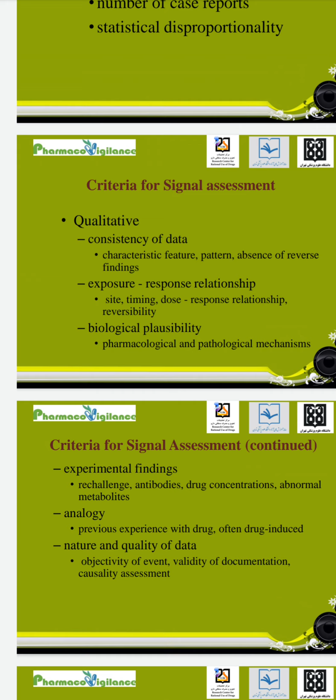Nature and quality of data: objectivity of event, validity of documentation, and causality assessment.